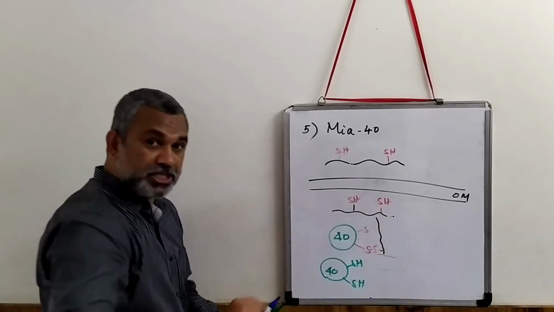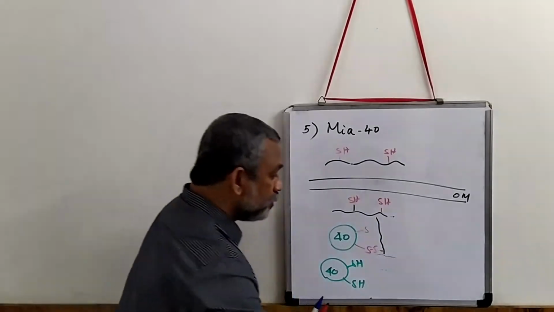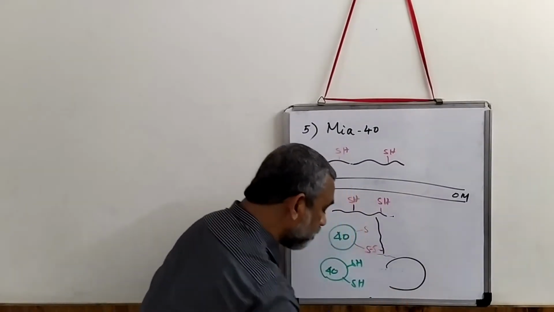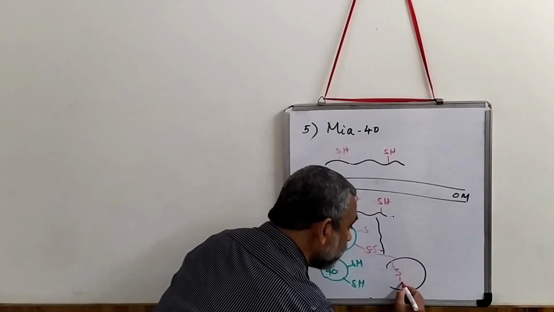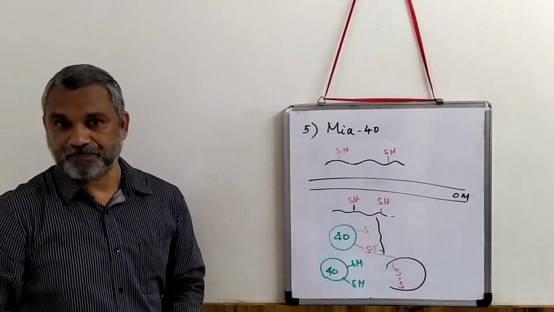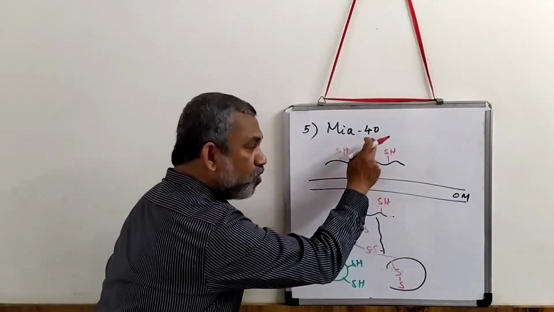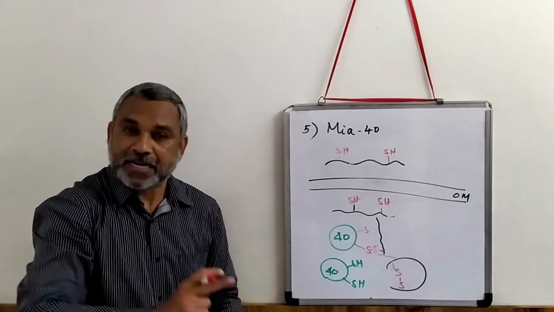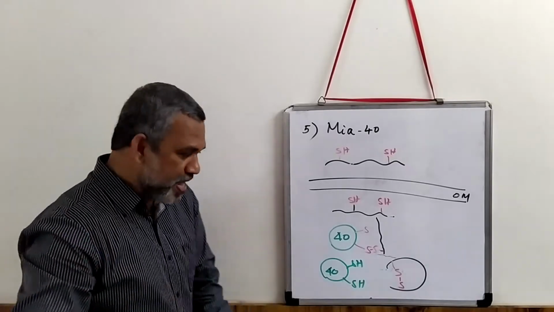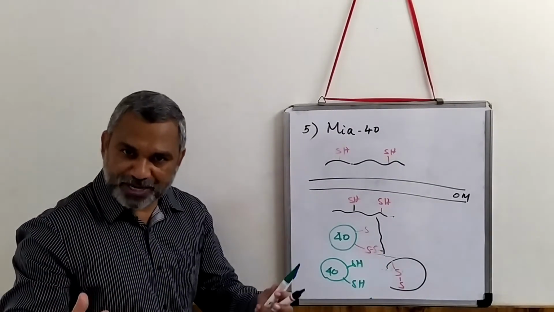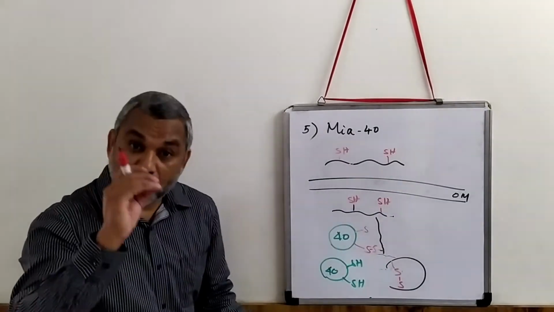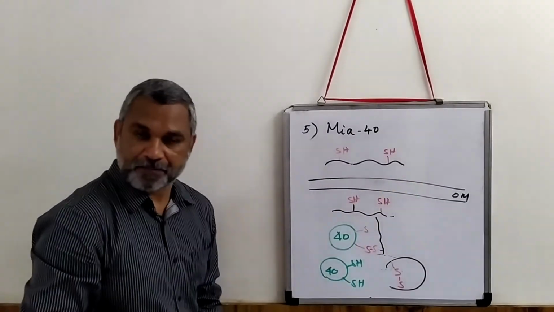It will displace the protein, and this protein now will become an oxidized protein with a disulfide bond. So this is the protein that we have brought from outside to inside, translocated using the MIA protein, and it has folded. Now it can be incorporated into the membrane.